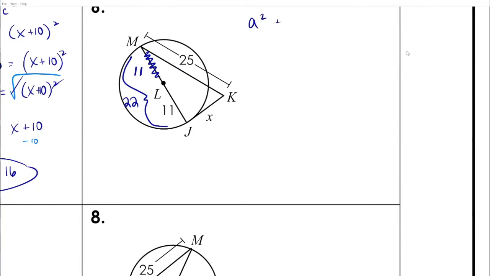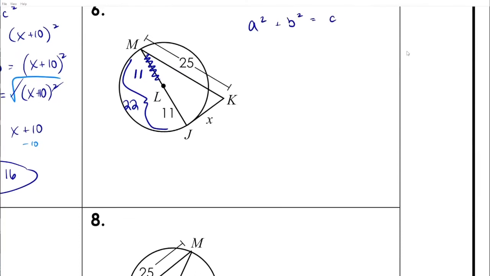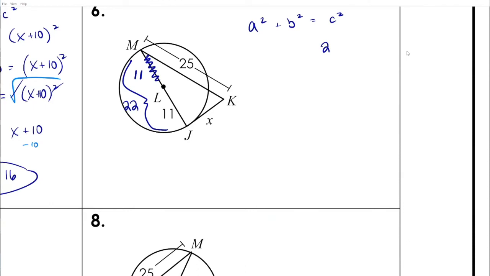Pythagorean theorem, a squared plus b squared equals c squared. So c squared is 25. We get 22 squared plus x squared. How did I know 25 was the hypotenuse? Well, if it's going to be tangent, it's got to be tangent right there. So our right angle, hypotenuse is always across from the right angle. All right, 22 squared is 484.